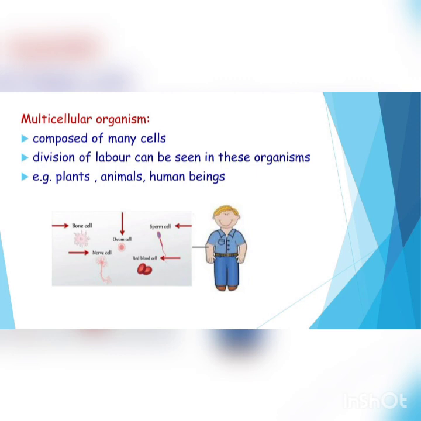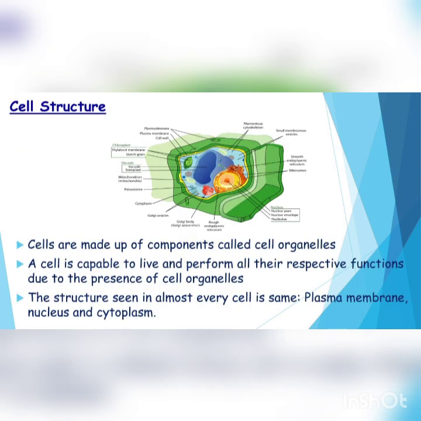The structure of cell. Cells are made up of components called cell organelles. A cell is capable of living and performing all its respective functions due to the presence of cell organelles. The first is the cell wall. It is a tough non-living covering outside the plasma membrane.